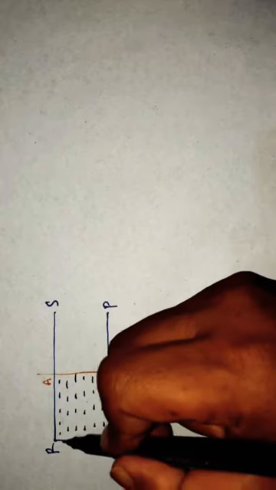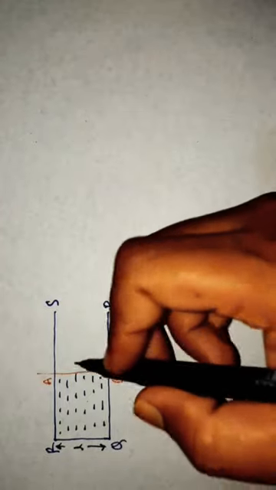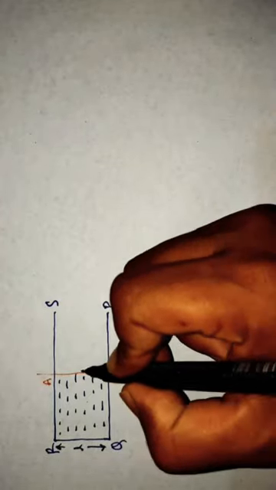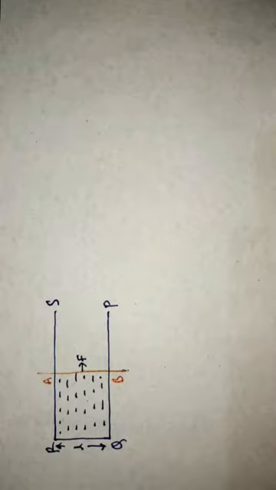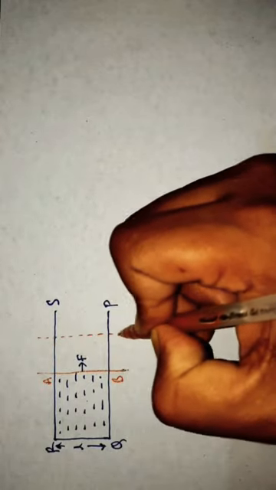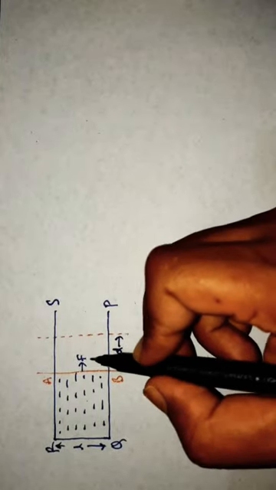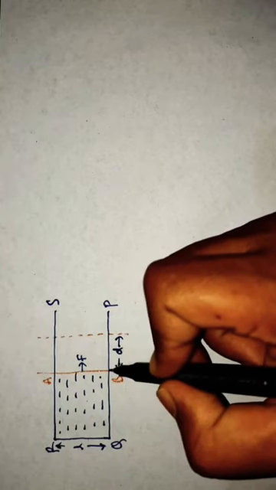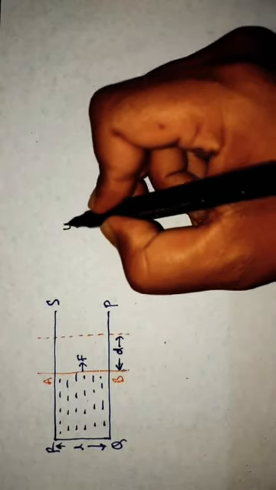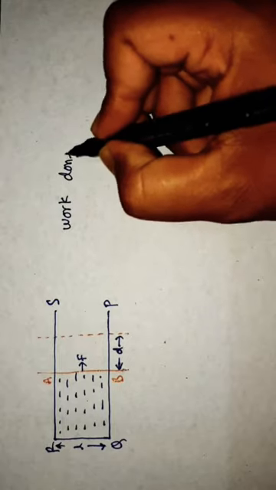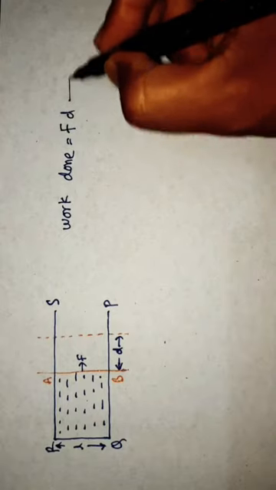The length of the wire on this side is L. Let us apply force F and slide AB through a distance D. So work is done to move this sliding wire through a small distance D. The work done is force into displacement, FD. Let us take this as equation 1.